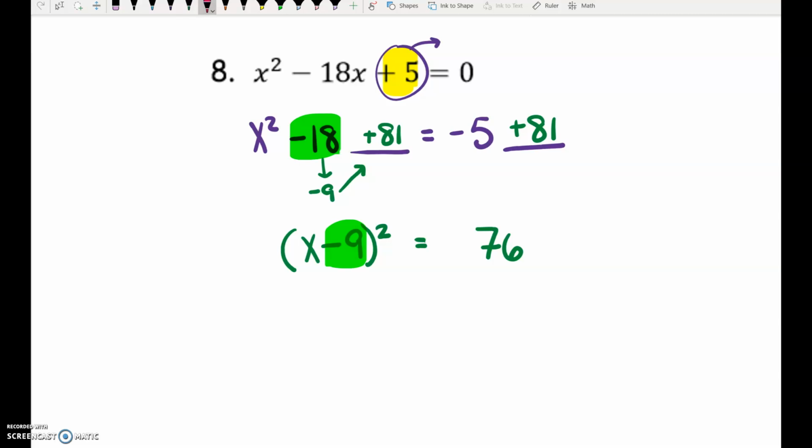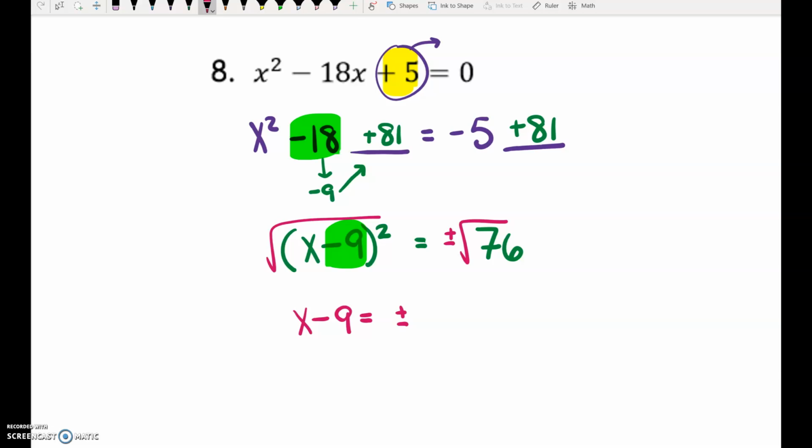Now this is a solve by square root problem, just like we've been doing the last several days. Square root of 76. Let's see, half of 76 is 38, so I don't think 36 is going to work. Nope. Try 25 is definitely not going to work.